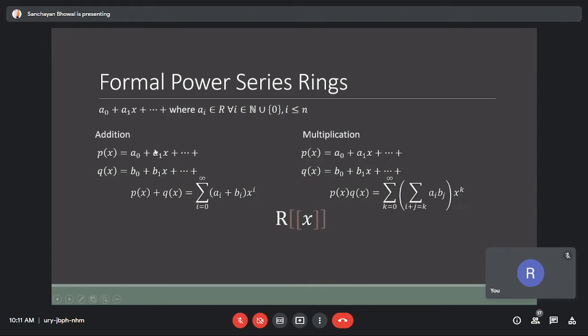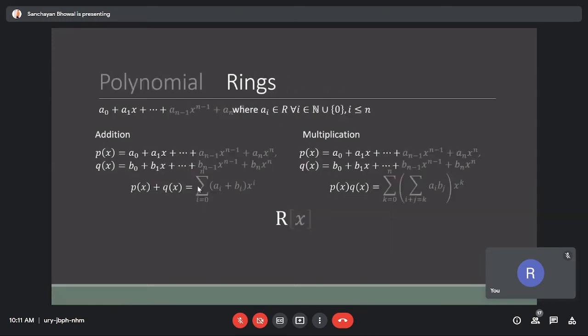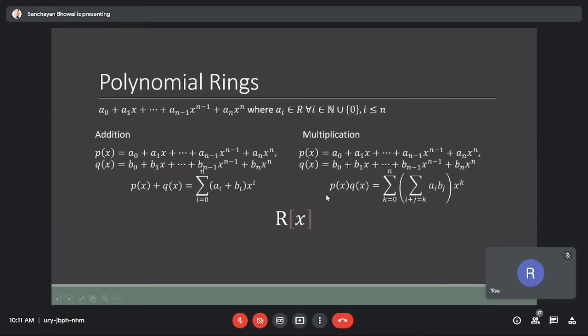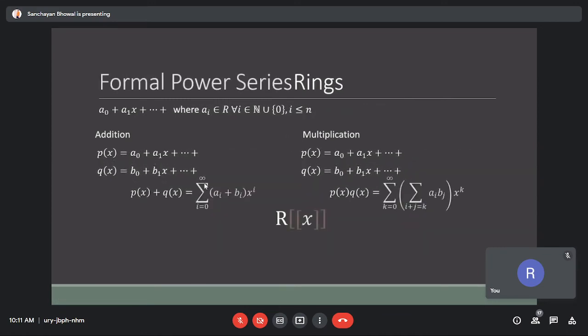We add component wise, and similarly we multiply them. The motivation for this came from the polynomial ring, where we had n. Here we just replace this n with infinity, and we multiply. And this is the notation for it, and this is known as formal power series.